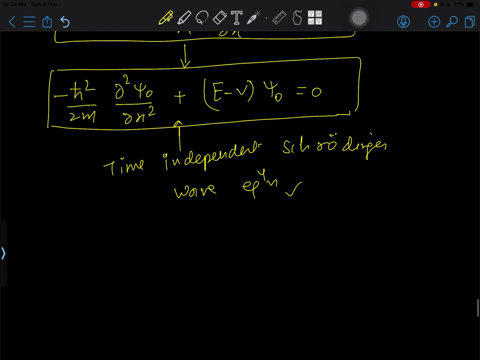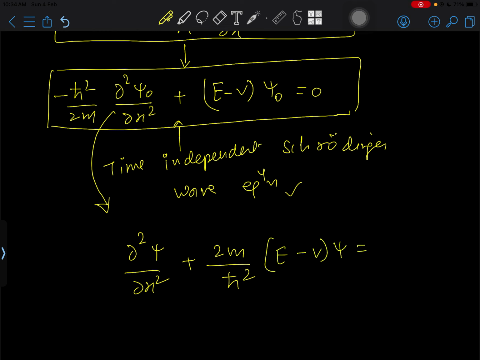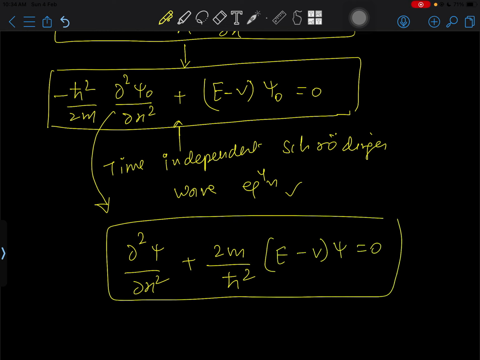So we can also rearrange itself as follows: del square psi upon del x square plus twice m upon h cut square E minus V psi is equal to 0. So this is the time independent Schrodinger wave equation, when we are talking about a particular direction, that is the x-axis.